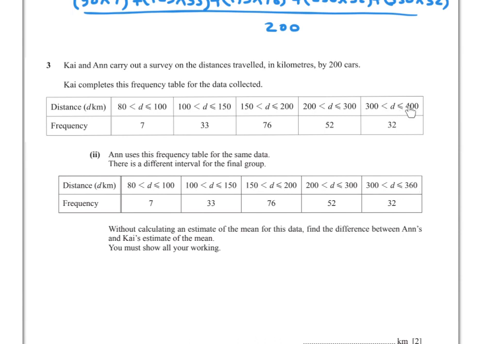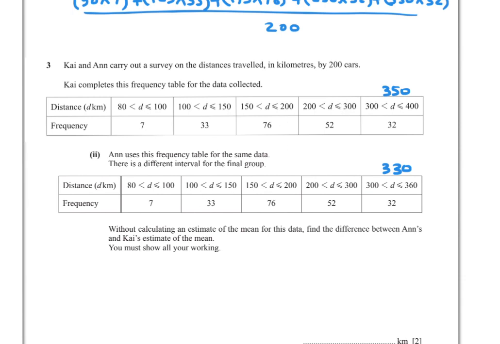The middle value for Kai is 350, but the middle value for the last group for Anne is 300 plus 360 divided by 2, so 330. But all the other groups are the same.